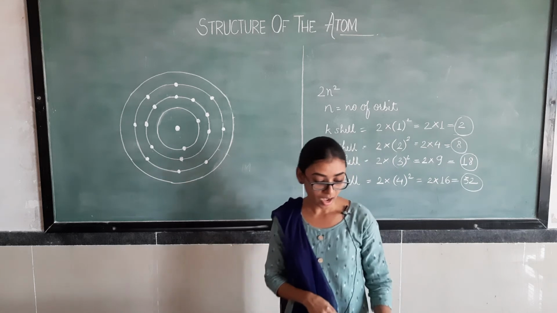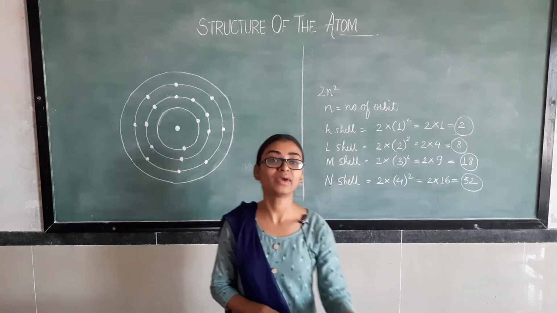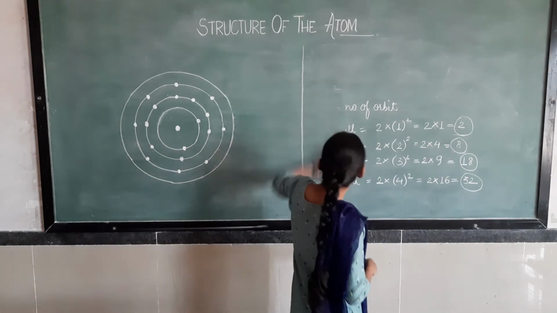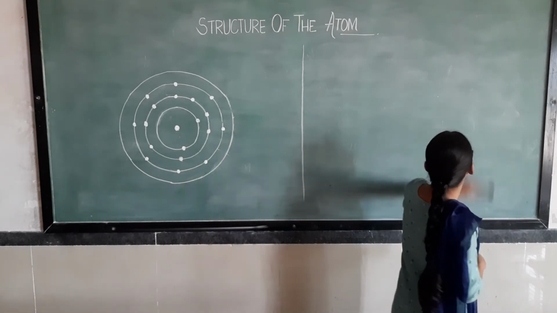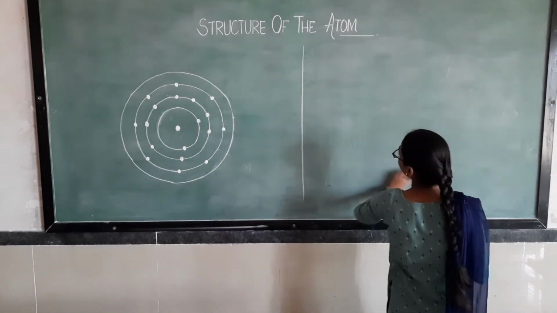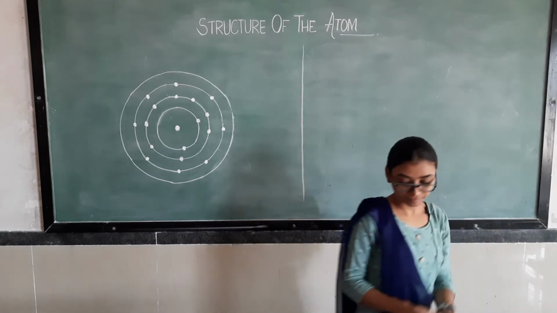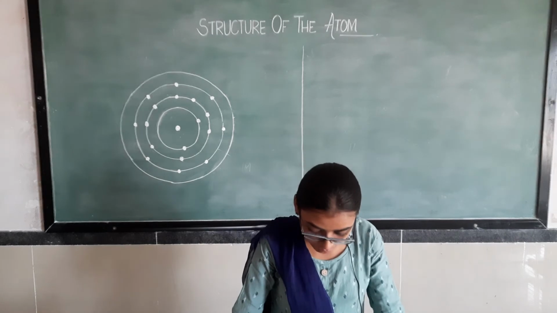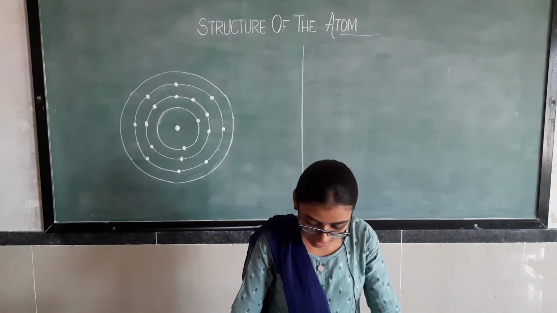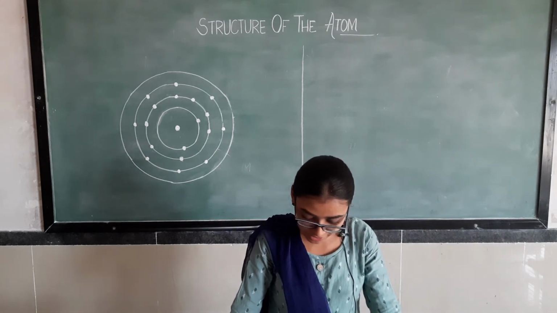Now our second topic is about valency. What is valency? Just look at your book. We have learned how the electrons in an atom are arranged in different shells and orbits.